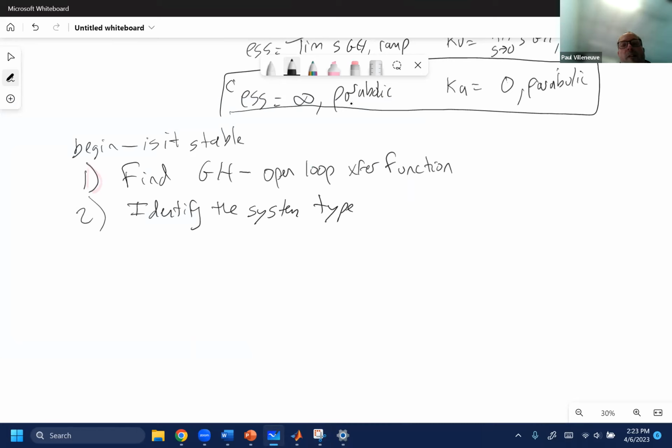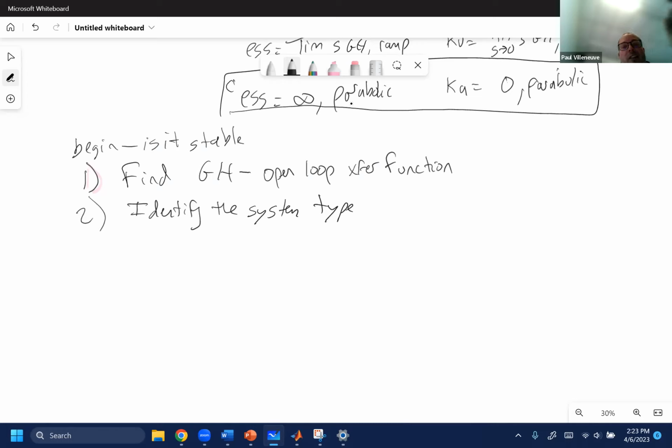Okay, so you identify the system type, and that'll tell you, if it's a type 0, then I only have to worry about doing any calculations for K sub P and ESS for a step input. For a ramp and a parabolic, I don't have to do any calculations.